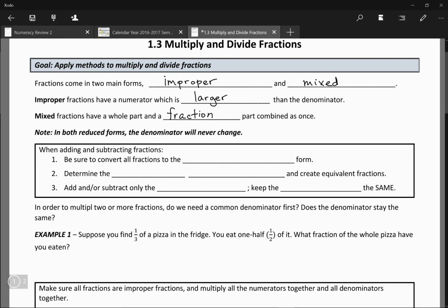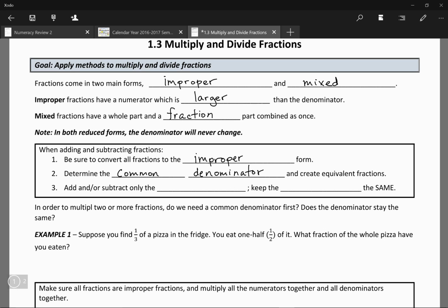When adding and subtracting fractions, step number 1, be sure to convert all fractions to improper form. Number 2, determine the common denominator and create equivalent fractions.